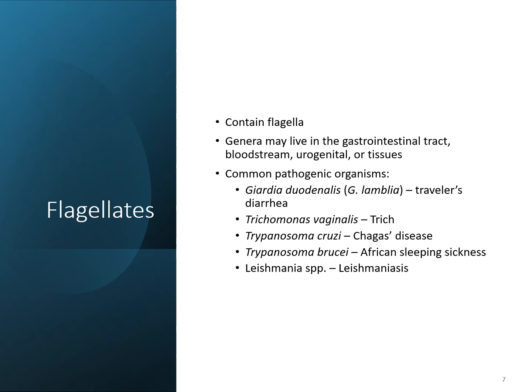We'll now discuss the protozoa that contain the flagella. These organisms will live in the gastrointestinal tract, bloodstream, urogenital tract, or even within various tissues. Your more common pathogenic organisms that we'll discuss include Giardia duodenalis, which has also been referred to as Giardia lamblia, so you may hear both terms. This is the cause of traveler's diarrhea.